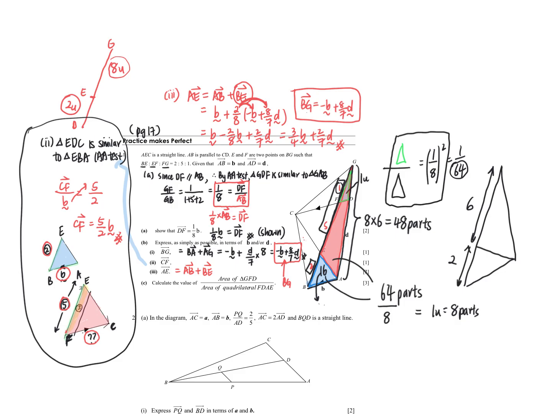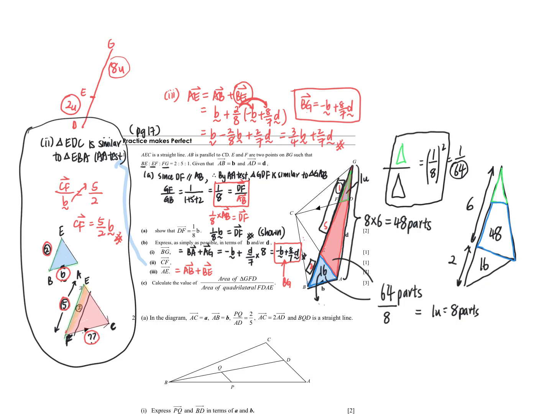So this one being 2 units, I got 16. This one being 6 units, I got 48. So total is 64. Still the same thing. Correct? So the one that I'm interested in is this tiny green one versus this blue part. So what do you think is the ratio?